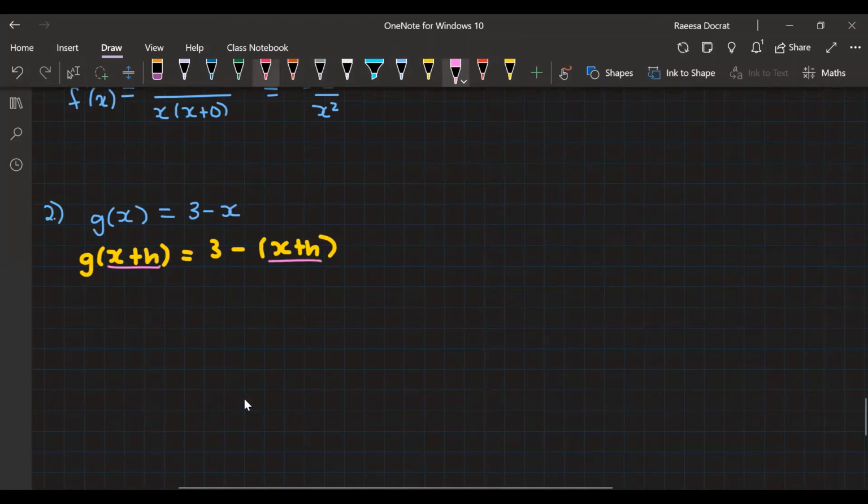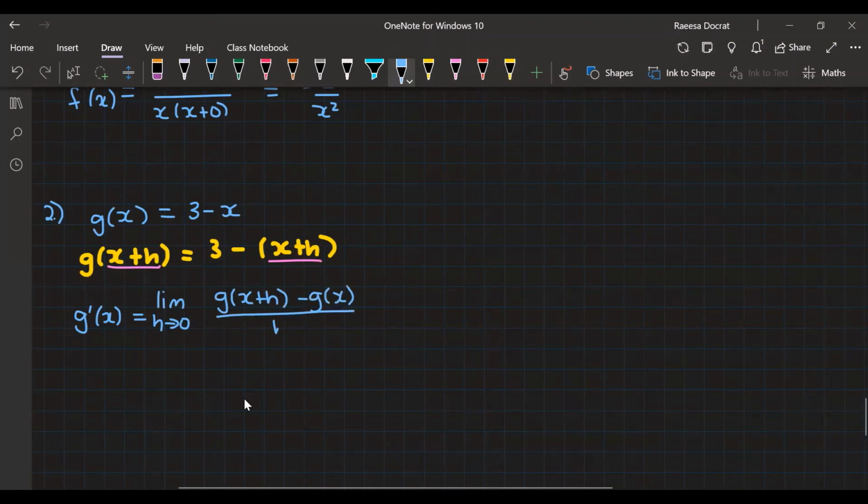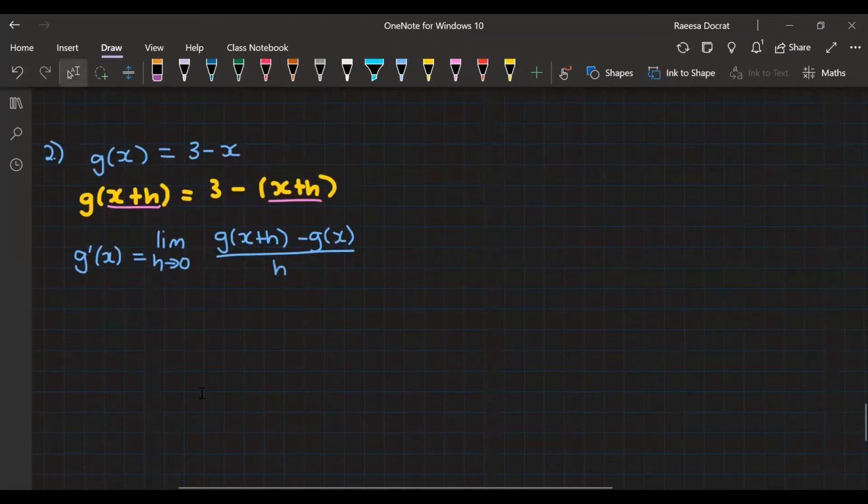Then we write the definition of our derivative. So g dash of x, the derivative, is equal to the limit as h tends to 0 of g of x plus h minus g of x, all over h. Let us then substitute.